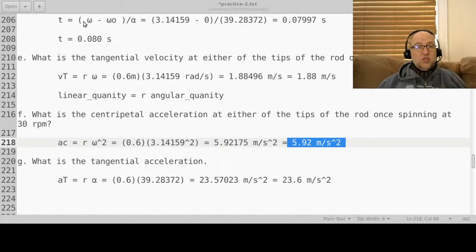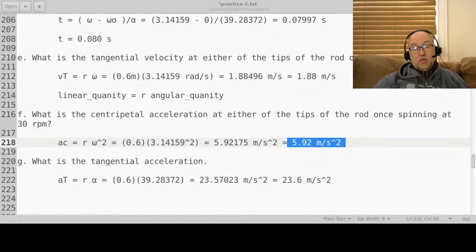I'll draw the direction in just a second, but let's do the other one, which is the tangential acceleration. We didn't have a tangential acceleration in uniform circular motion, because as long as you're turning at a uniform speed, which is what uniform means, the tangential velocity isn't changing, so there's no tangential acceleration.